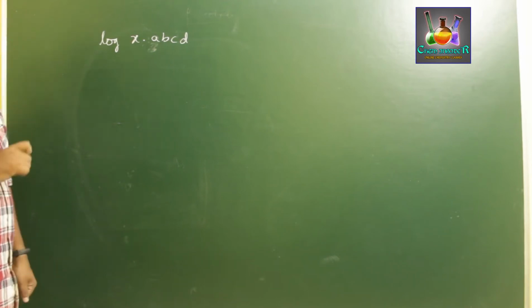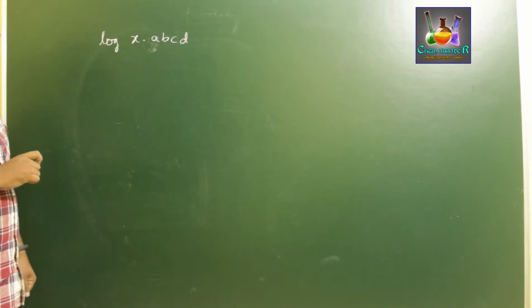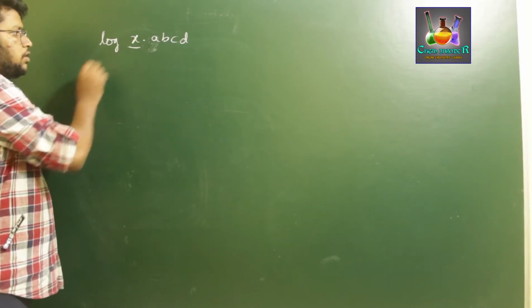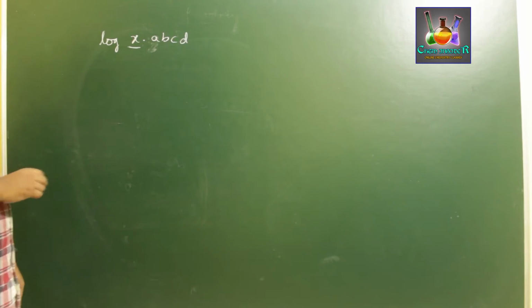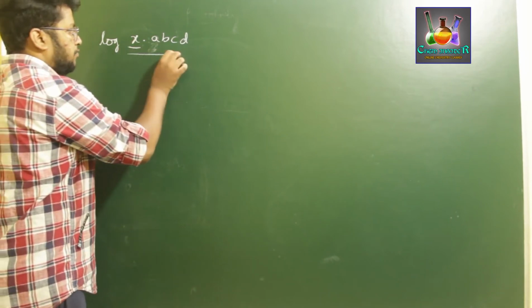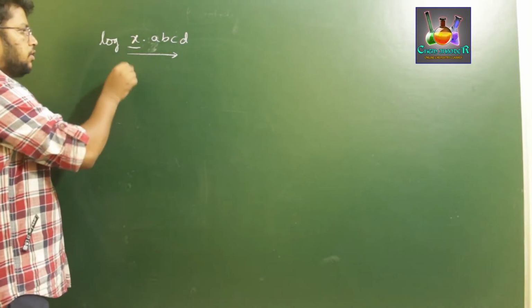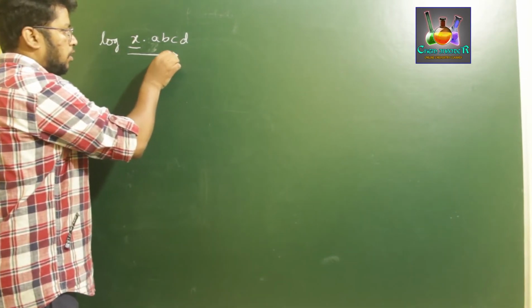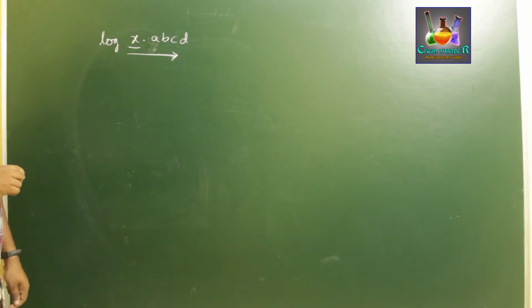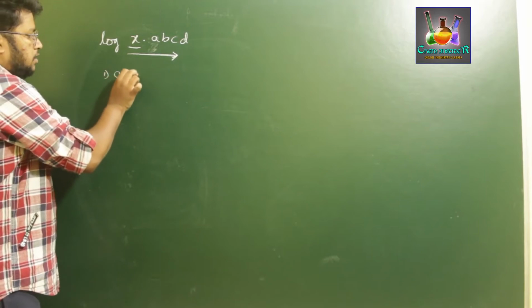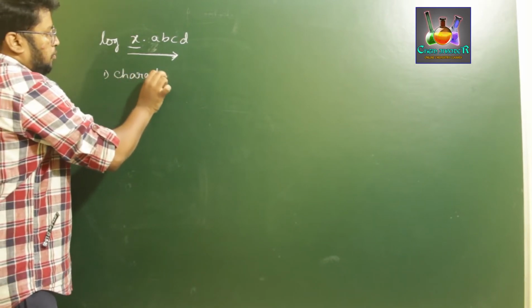For a logarithmic number, the part before the decimal is used for calculating the characteristic of the answer, and the first four digits, ignoring the decimal, are used for determining the mantissa. First we need to find the characteristic.